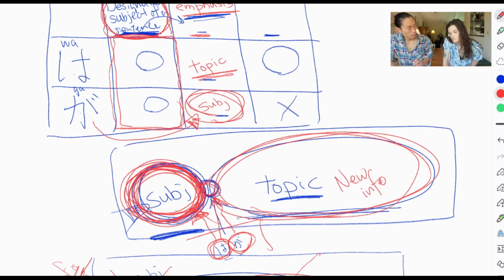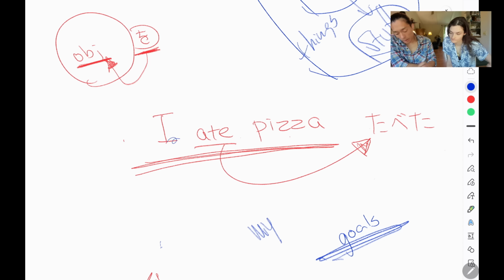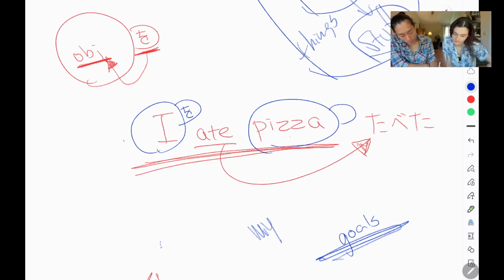So that's why when you're trying to say something, you need to know what the object is so that you can put the particle o. To this sentence, I ate pizza. When we try to translate into Japanese, let's say we have two nouns here, I and pizza, so two opportunities to put particles. Let's say we put o here after "I" and then wa after pizza.